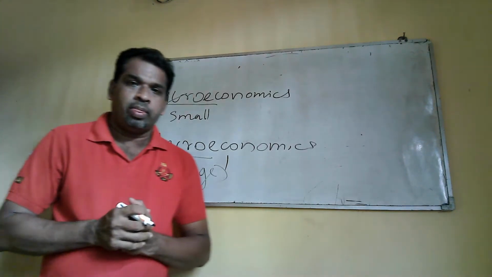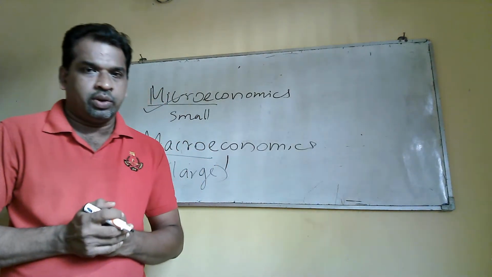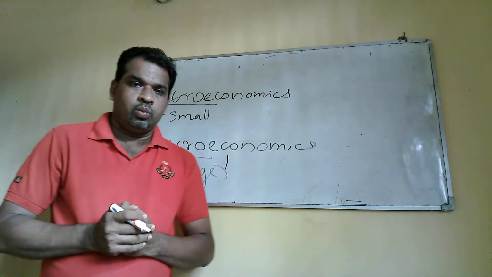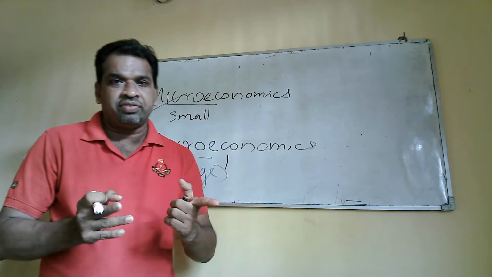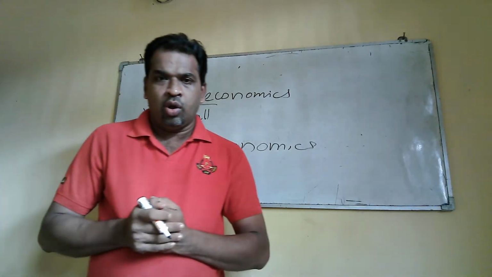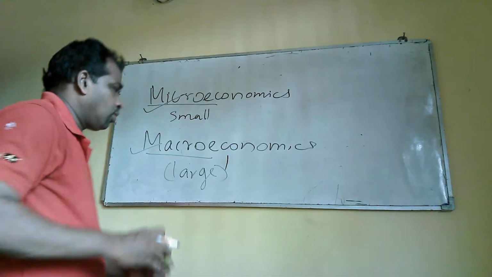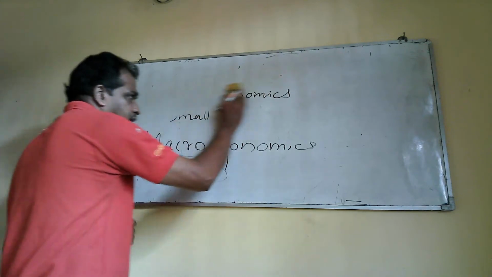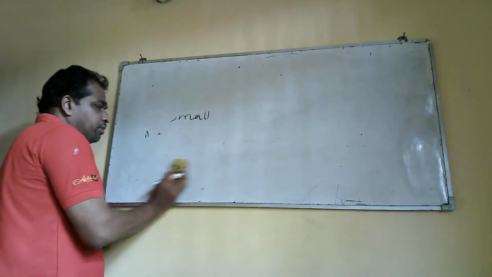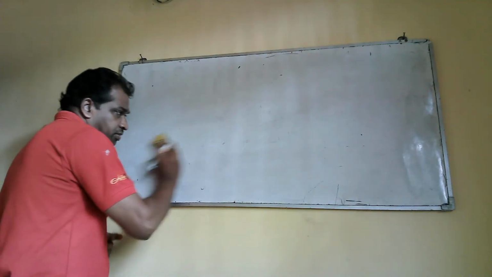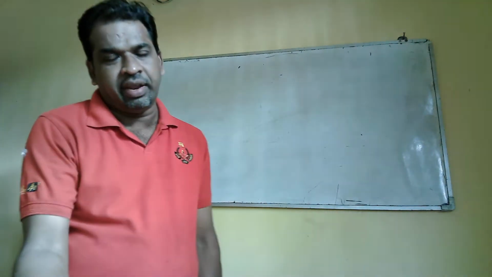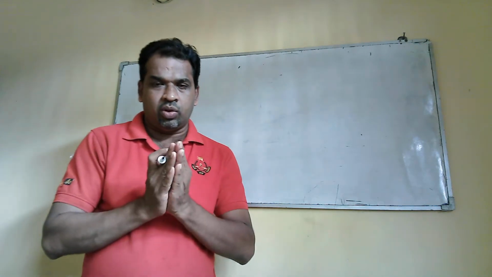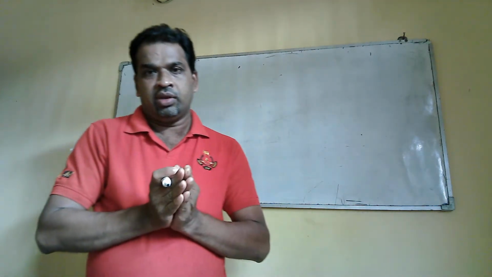So we have another two concepts along with micro and macroeconomics: positive statements and normative statements. What do you mean by a positive statement? A positive statement is a statement which is dependent on facts or evidence. They are objective statements.